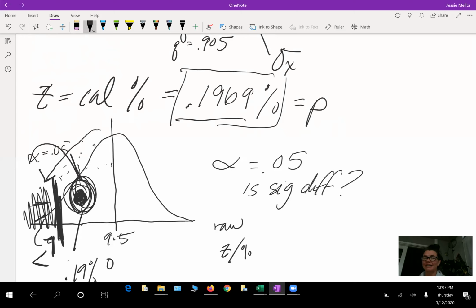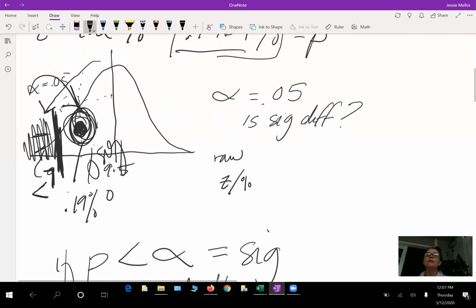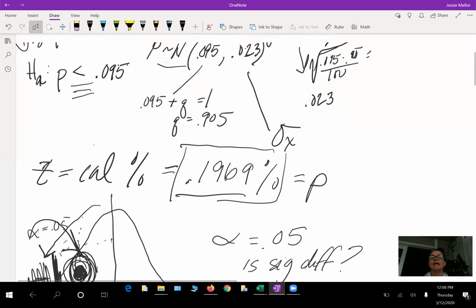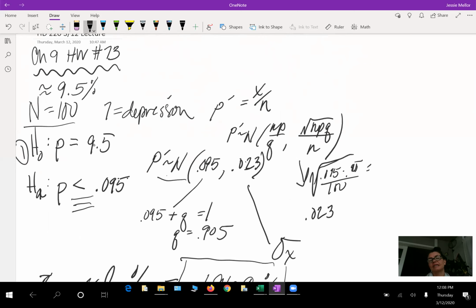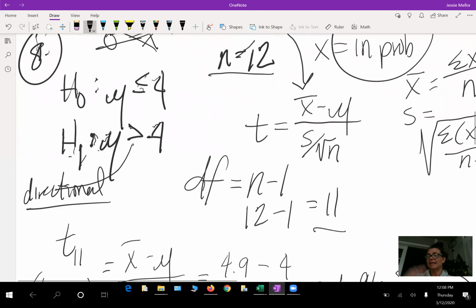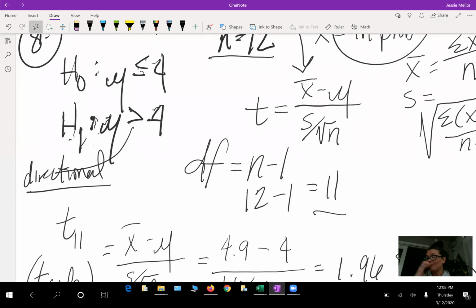It fell outside that range, so it's not significant. Basically that town did not have a significantly different score. It was not significantly less. That 7% was not less than the 9.5%. That proportion, although it wasn't identical, wasn't different enough to be an outlier or a significant difference.